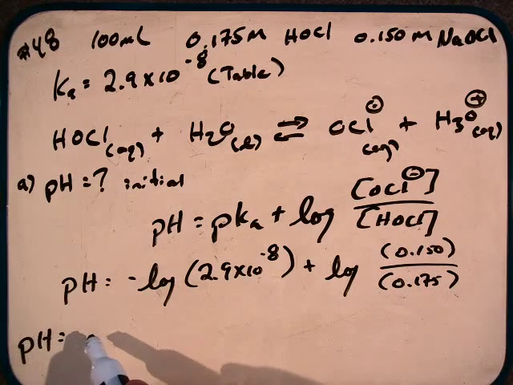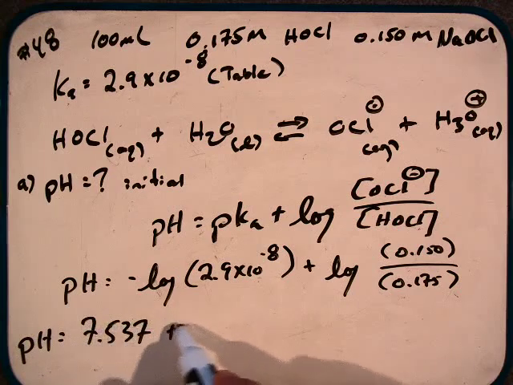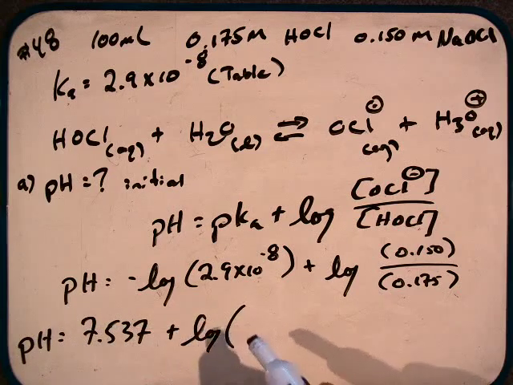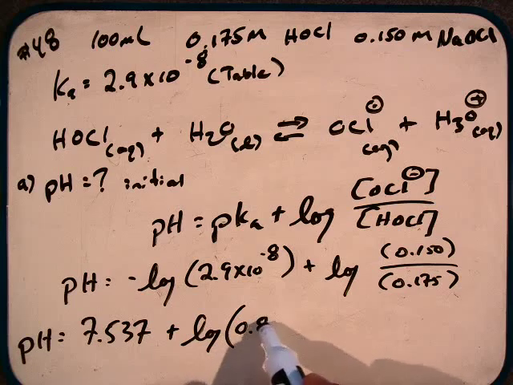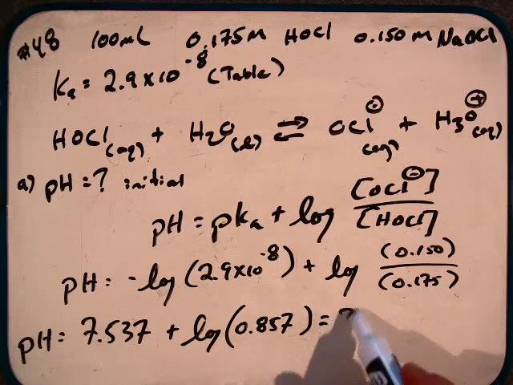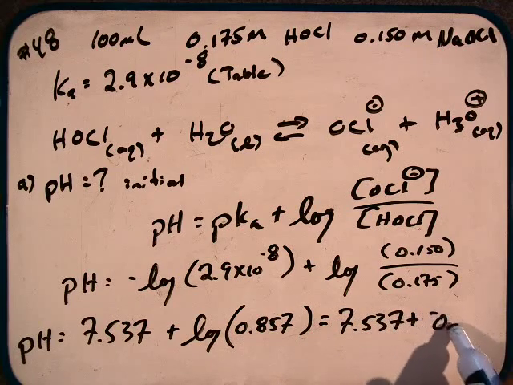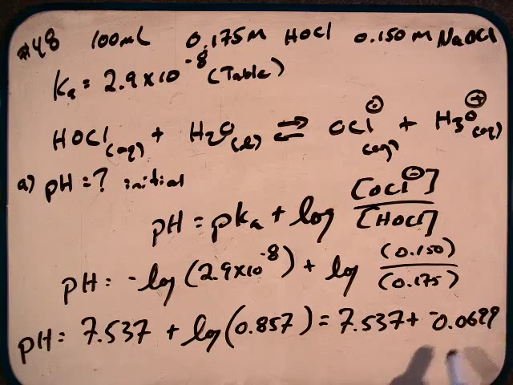So that pH is going to be equal to 7.537 plus the log of 0.857, which when you take the logarithm of it is negative 0.0699.